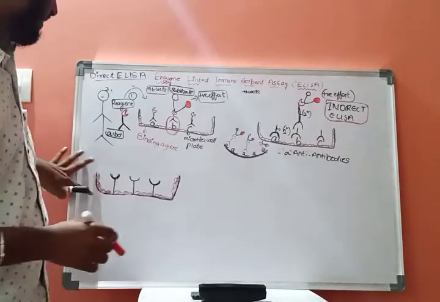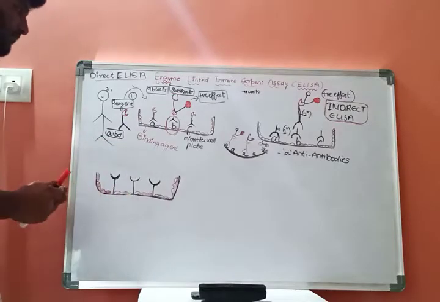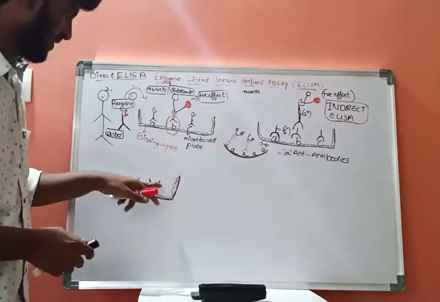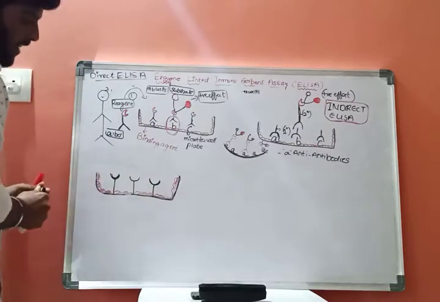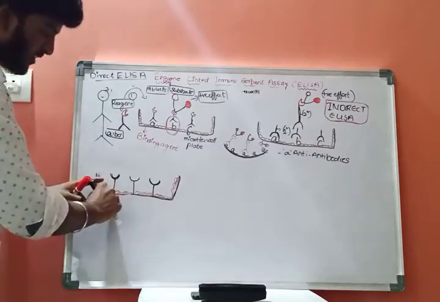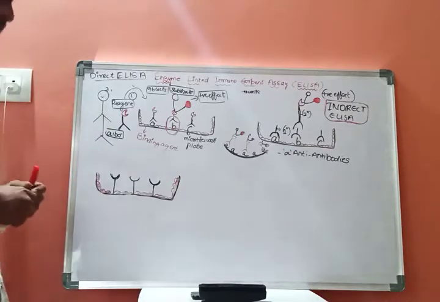This binding agent will be added on the surface of the microtiter well plate, and after the antibodies are added, wash out the whole content. Only this type of antibodies will get attached to the surface of the microtiter well plate.